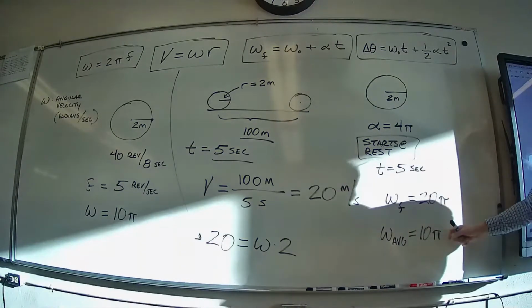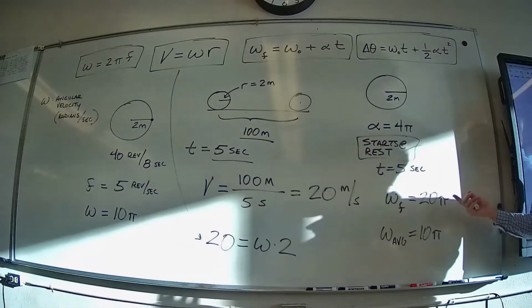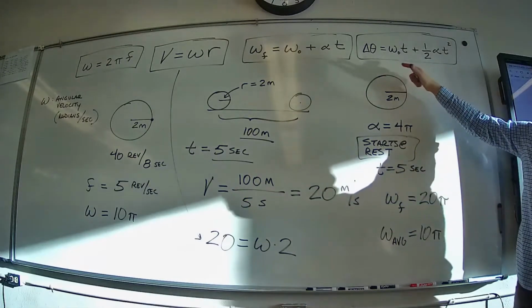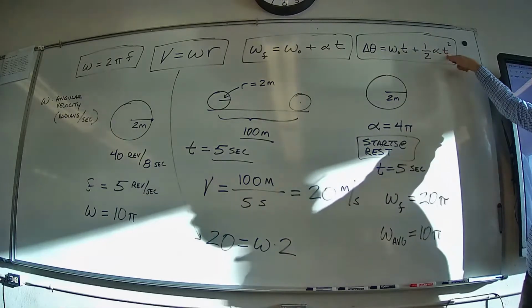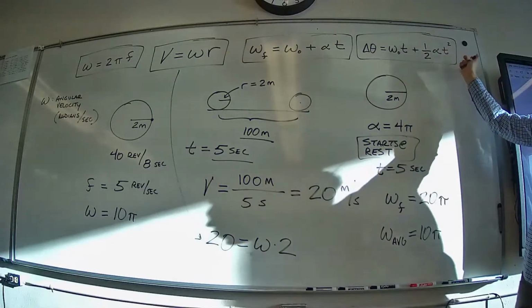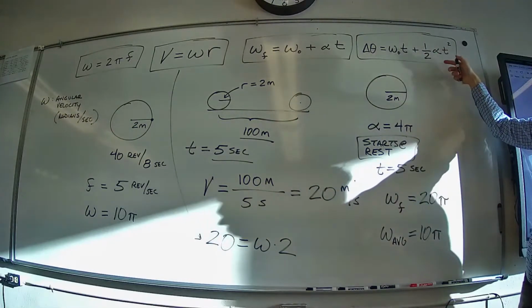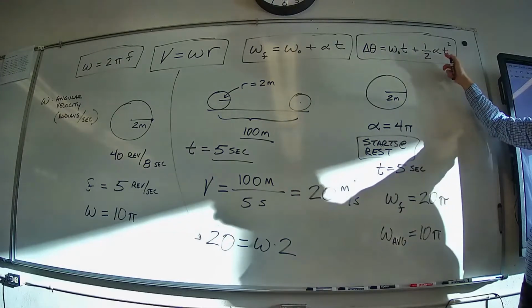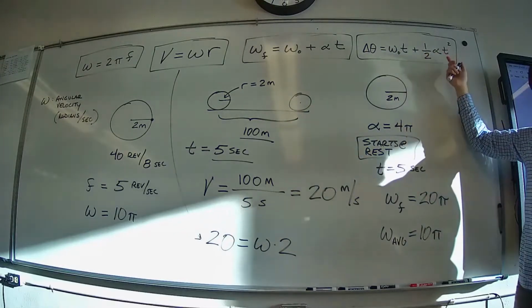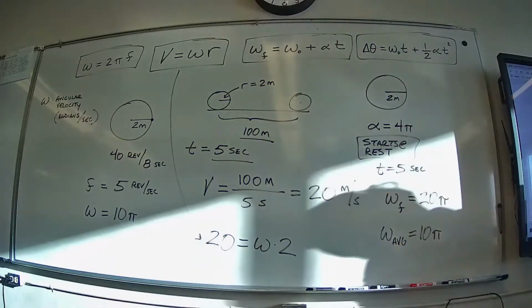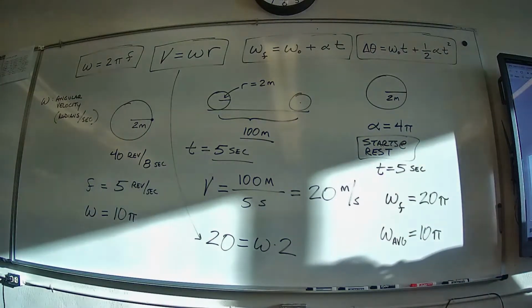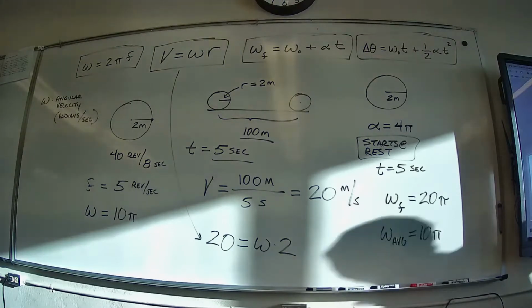You figure out this, figure out it's 50 pi, then divide by 2 pi. Or couldn't I have just plugged in 0, 5, 4 pi, and 5 into this formula and gotten the radians? Do we all understand that? If you plugged in those numbers, you would have got 50 pi. Then you'd have to divide that by 2 pi for how many turns. We cool with that? Okay.